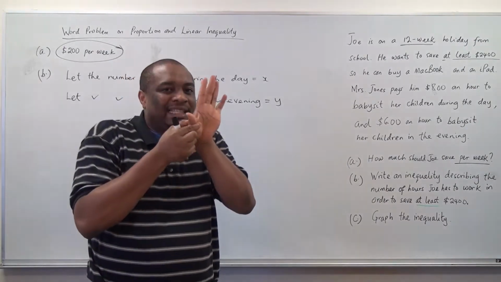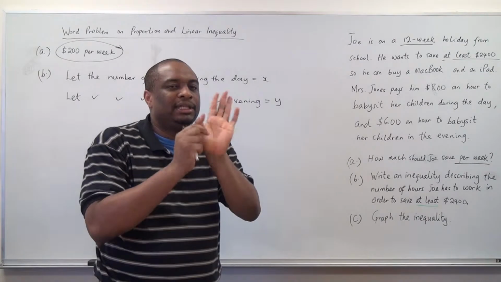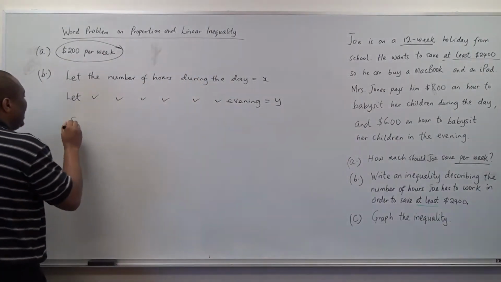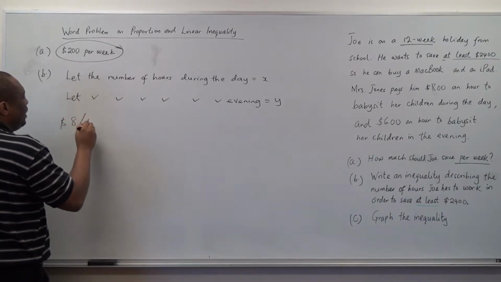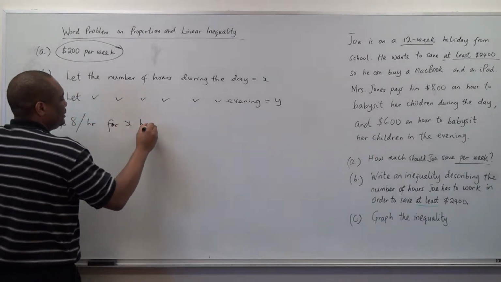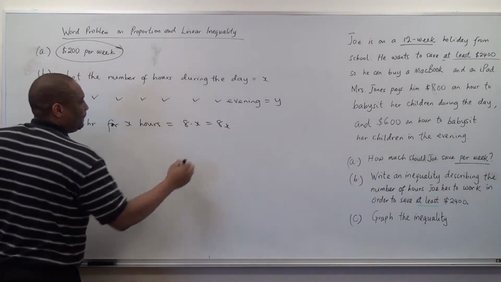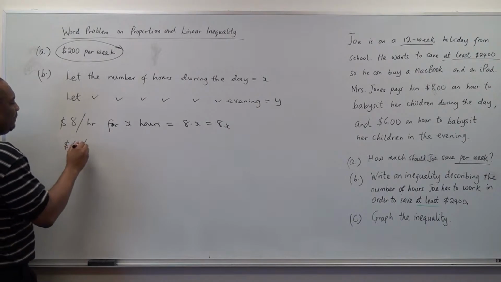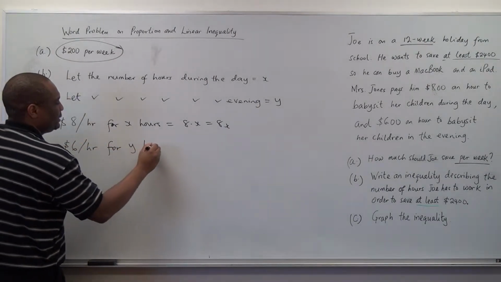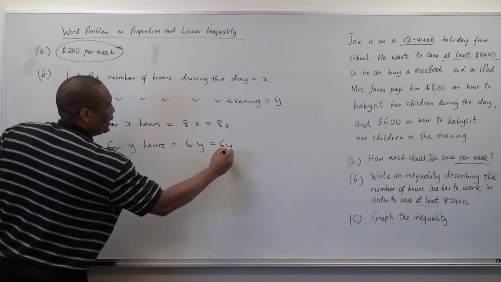If he works for X hours, follow that same reasoning. If he works for X hours, it will be 8 times X. So $8 per hour for X hours will be 8 times X, which is 8X. The same thing, $6 per hour for Y hours, we don't know this yet, will be 6 times Y, which is 6Y.